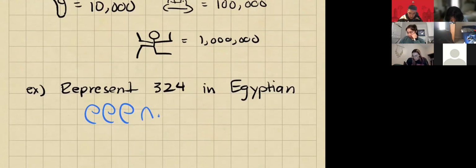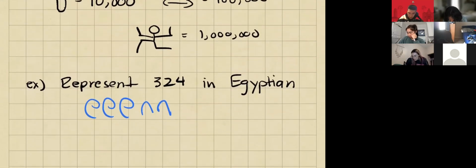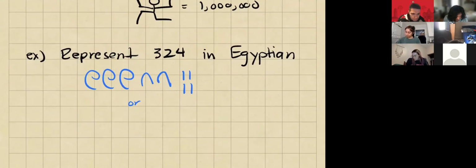And then a rod is 1, so we can write 1, 2, 3, 4 like that. You could also write it in reverse, and it would mean the same thing.